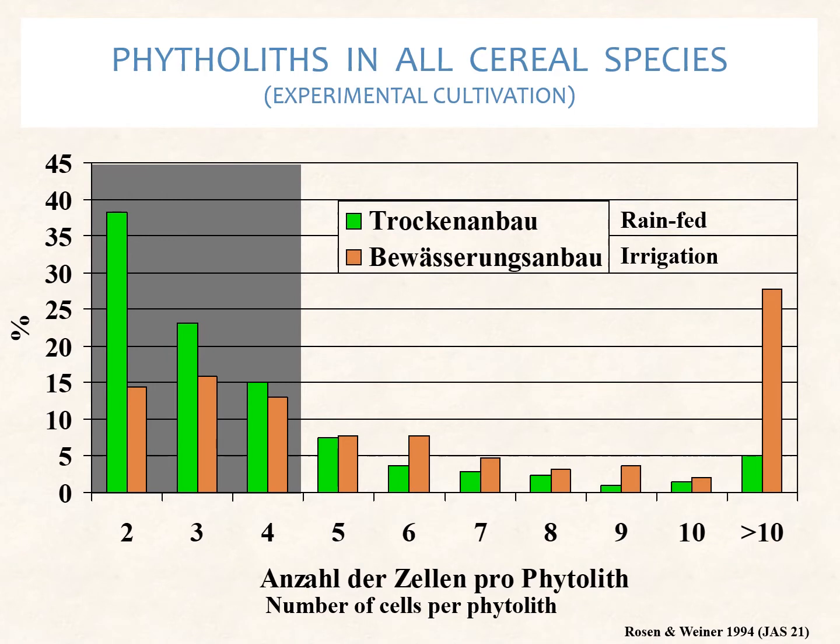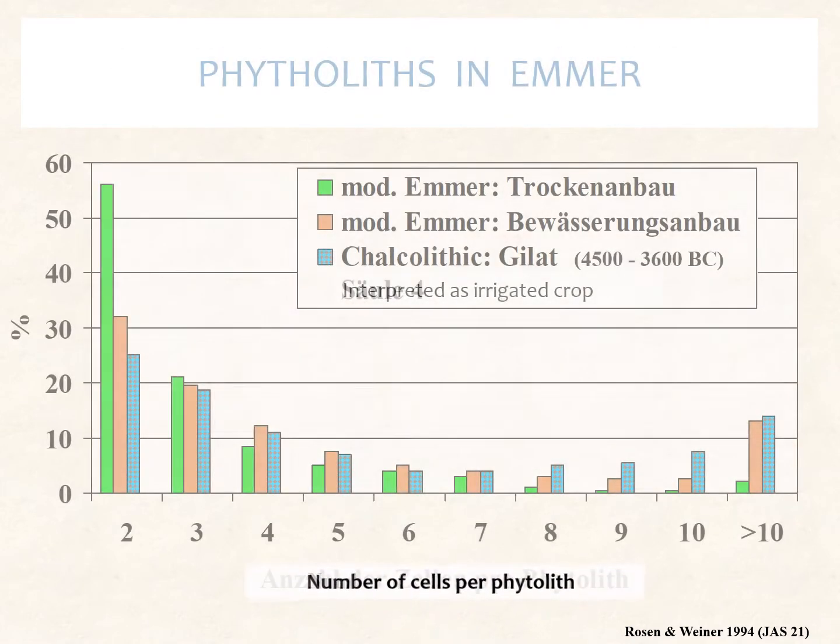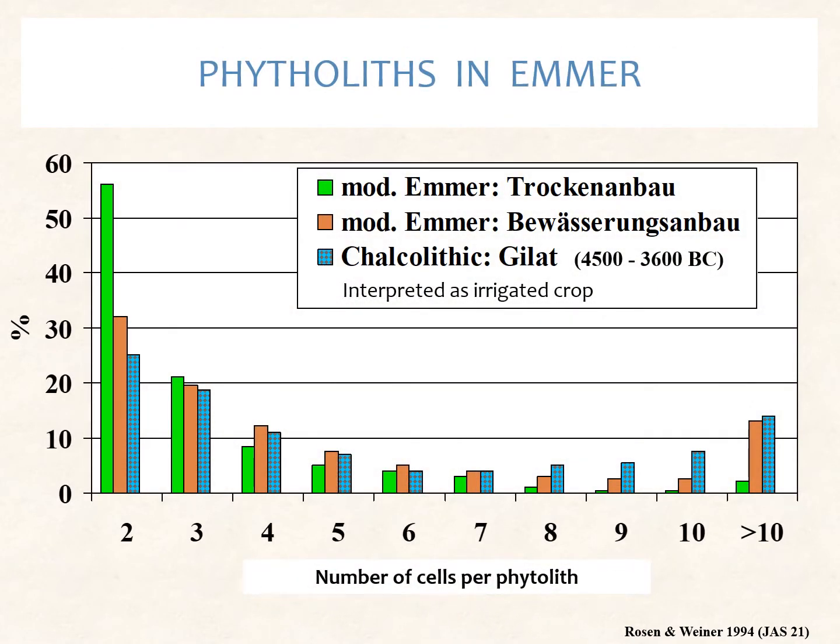Experimental cultivation showed that the majority of phytoliths in cereals from rain-fed fields have 2 to 4 cells, while in irrigated crops more than 25% of the phytoliths had more than 10 cells. Chalcolithic emmer from Gilad in Israel showed a similar pattern to the irrigated modern emmer, and thus also appears to have been irrigated.